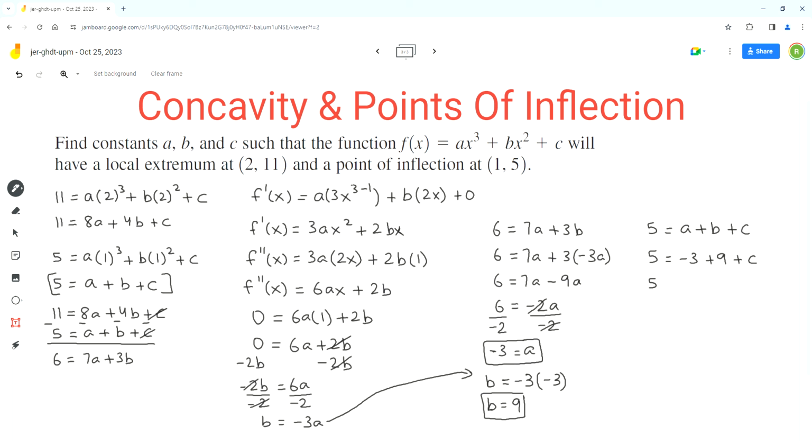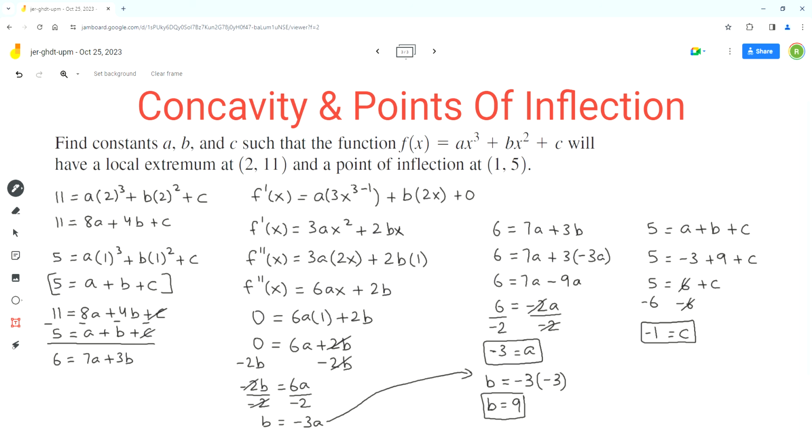Now we can combine negative 3 and plus 9, which is equal to 6. And now we can subtract 6 from both sides to isolate c. So on the right side, the 6's will get cancelled out. So 5 minus 6 is equal to negative 1. So this is the final answer for the value of c.